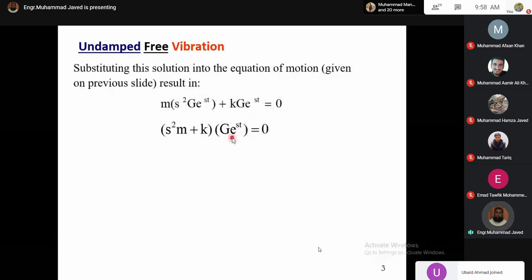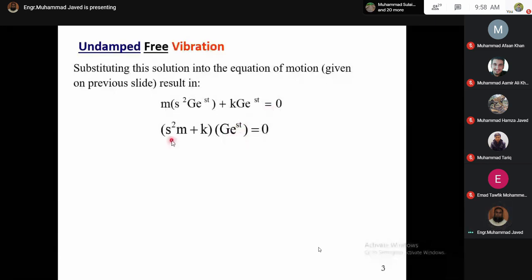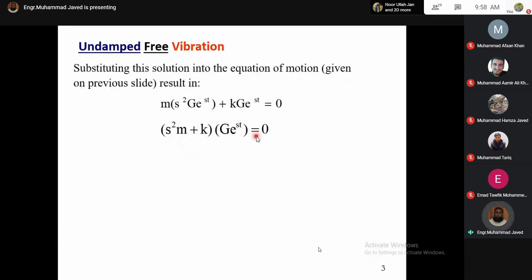You can take g into e raised to power st as common. Now the product of these two terms is 0. And the product of two terms is 0 if either both are 0 or if any one of these is 0. या तो दोनों 0 हो या एक 0 हो. दोनों 0 हो नहीं सकते. अब कौन सा टर्म 0 है?